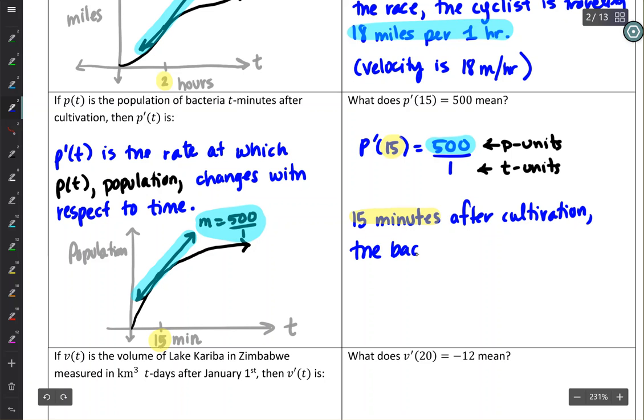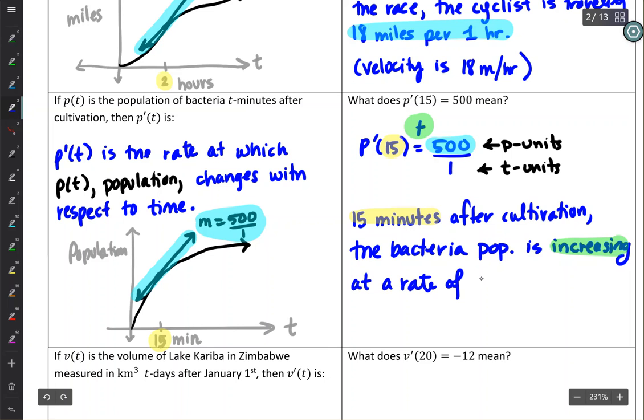The bacteria population, I'm going to write just pop for population, is increasing, right? Because this is positive, at a rate of 500 bacteria every 1 minute.